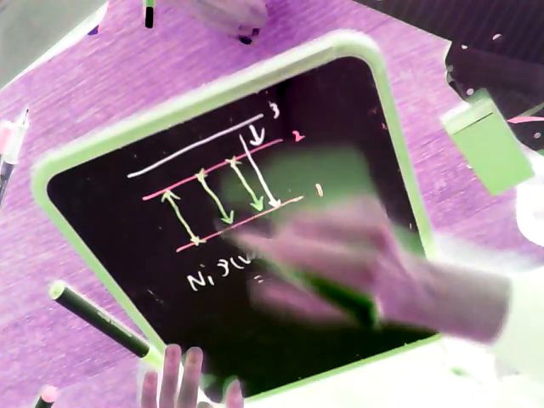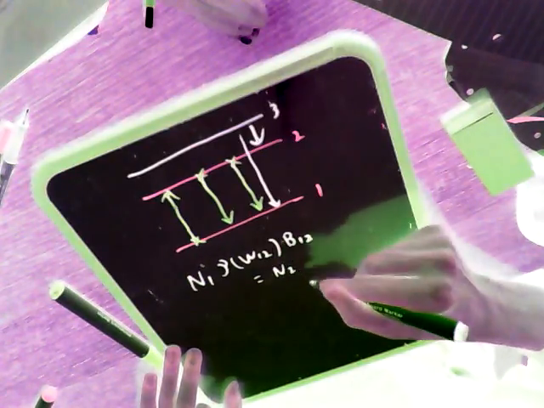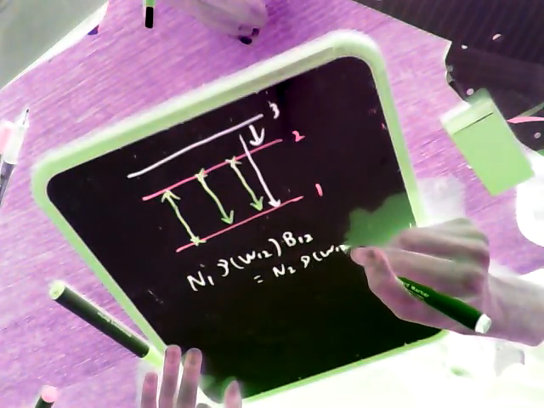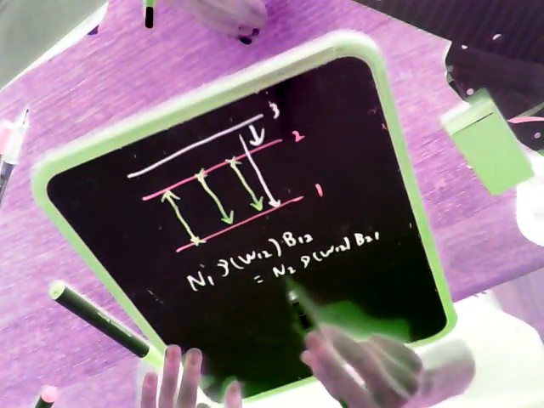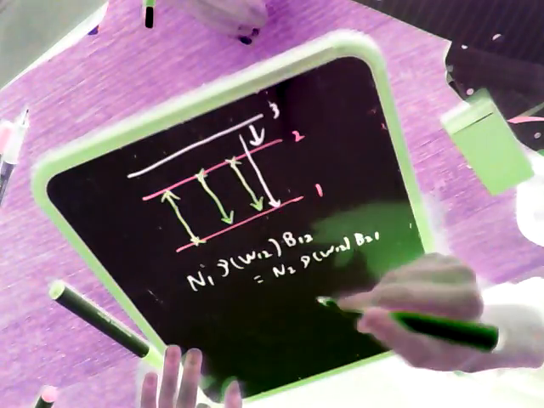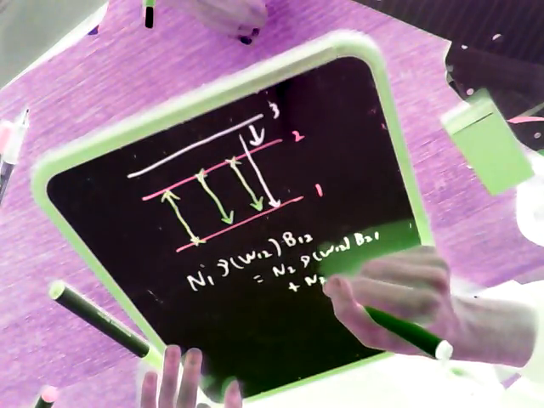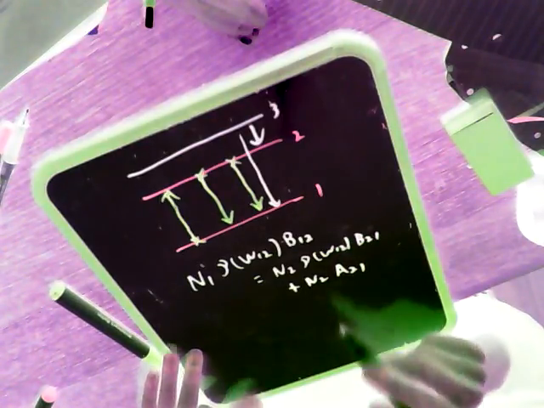This must equal the number of atoms undergoing these two processes. So that's equal to N2 rho of omega 1 2 times B 2 1, where this is the number of atoms per unit volume undergoing stimulated emission per unit time, plus the number of atoms per unit volume per unit time undergoing spontaneous emission, this N2 A21.